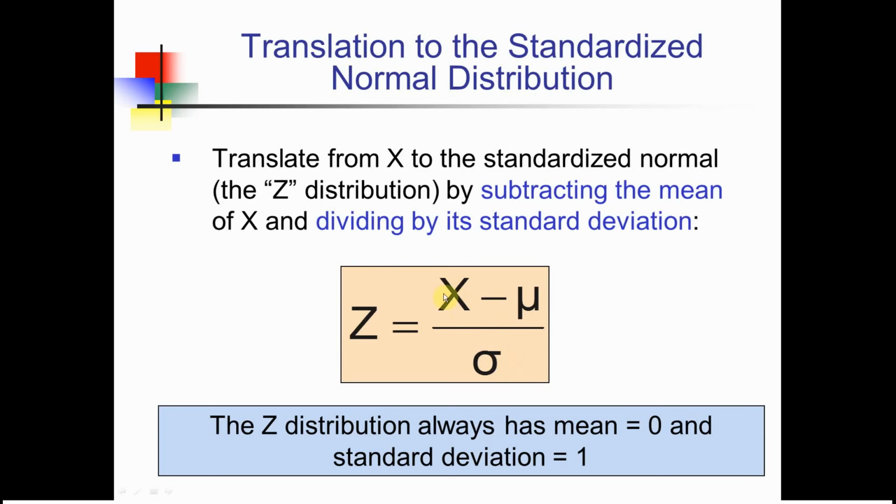If we take whatever value comes from that distribution, subtract off the mean, mu, and then divide by the standard deviation, this shifts it over to 0, and dividing by the standard deviation makes the spread 1. This converts x, which has parameters mu and sigma, into z, which has 0 and 1.